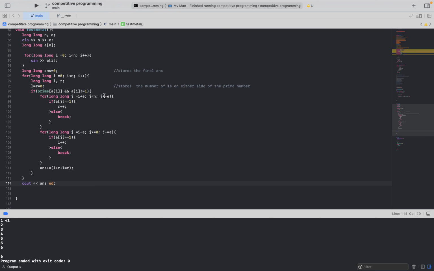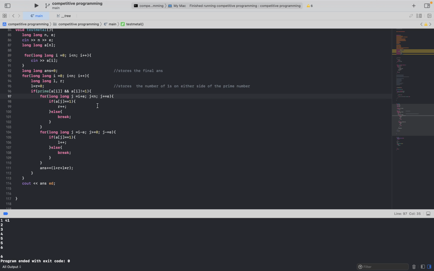Now we run a loop between 0 and n, and we have declared two variables l and r for our solution. The variable l would store the number of ones that lie behind our prime number, and r would store the number of ones that lie after our prime number. So let's say we found a prime number at the ith index and it is not equal to 1.